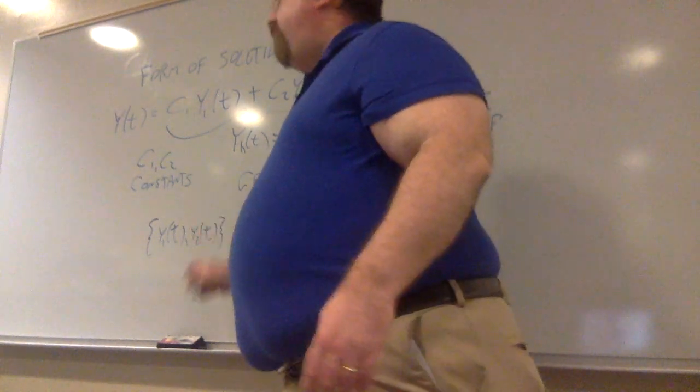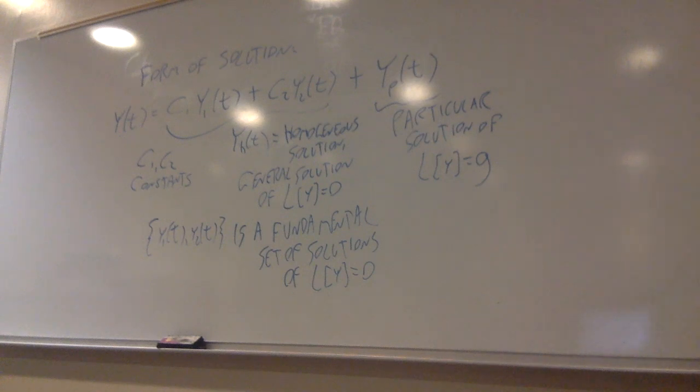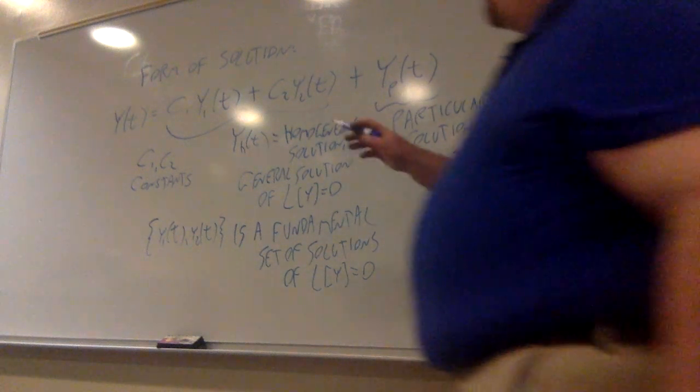It's important that these be distinct. In other words, one is not a multiple of the other. Like e to the t and 2e to the t would not work as a fundamental set because one's just twice the other. But if you have two linearly independent solutions, then that constitutes a fundamental set, because then we can use those two to describe all solutions.